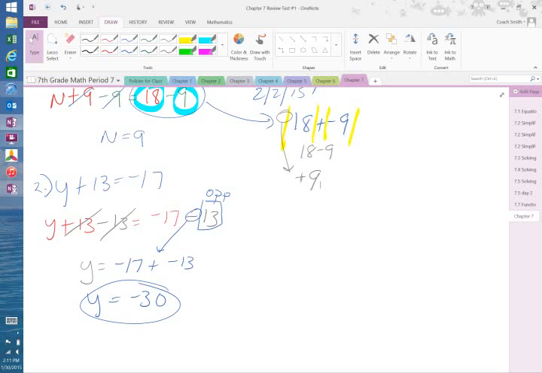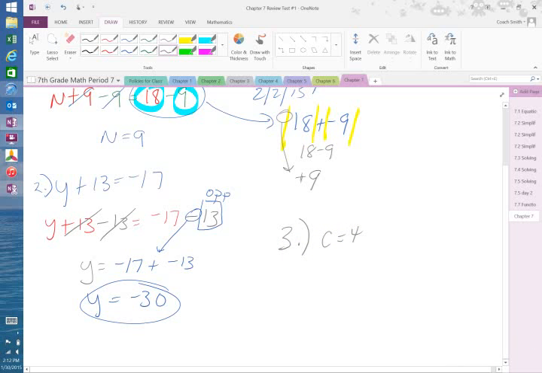When you're adding a positive and a negative, you keep the sign of the larger absolute value. When you're adding two negatives, it's always negative. When you're adding two positives, it's always positive. Now, in a minute, when we get down to the multiplication, that's going to be different because the rule is different there. So number 3 is C equals 4.